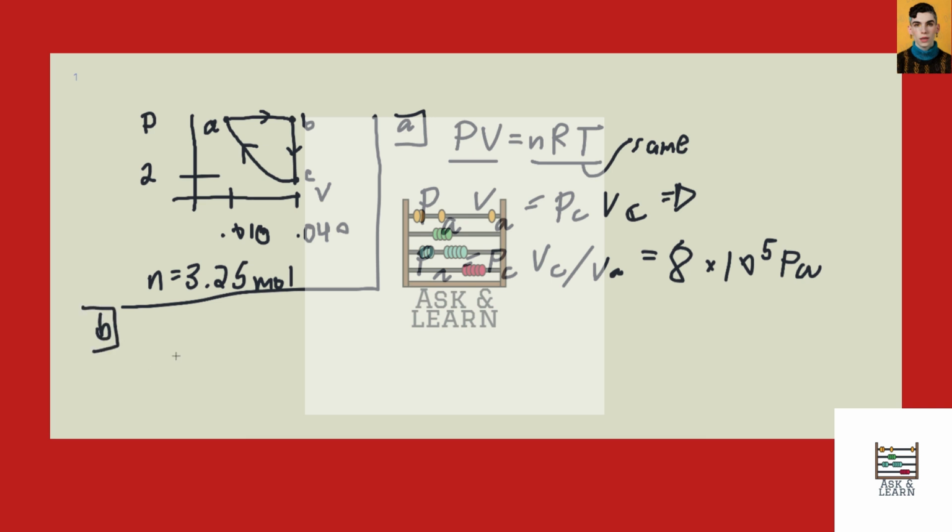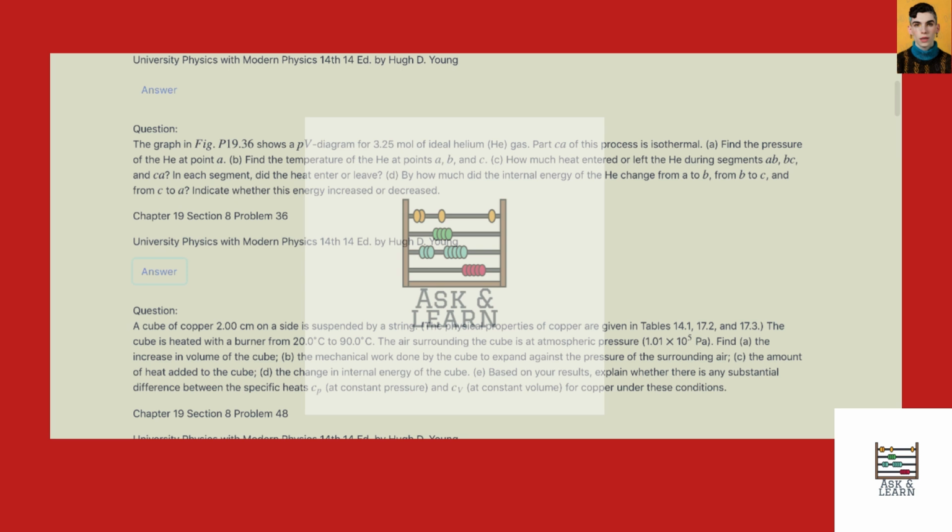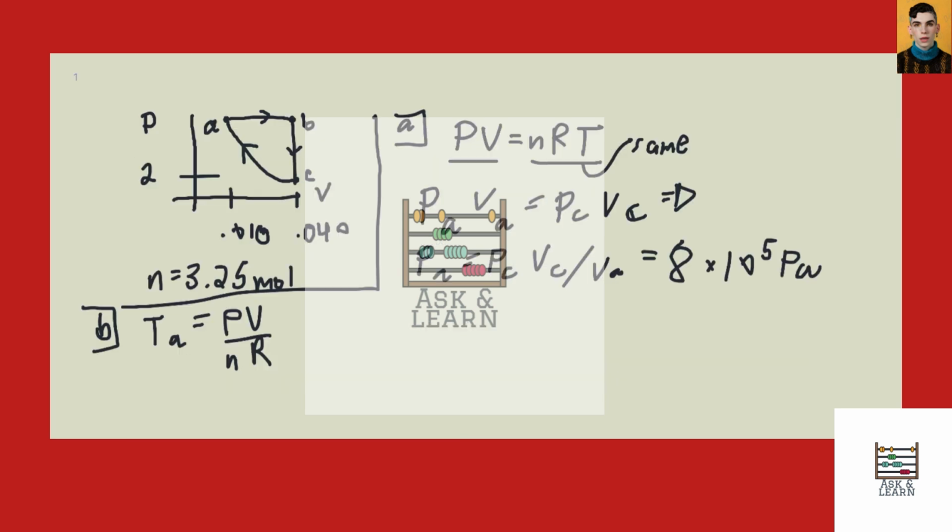Awesome. And for part B, T at A is equal to PV over NR. Oh, sorry, I didn't even read what it was. Okay, so B: find the temperature at A, B, and C. I started with A, and we just want to use the ideal gas law, PAVA over NR.